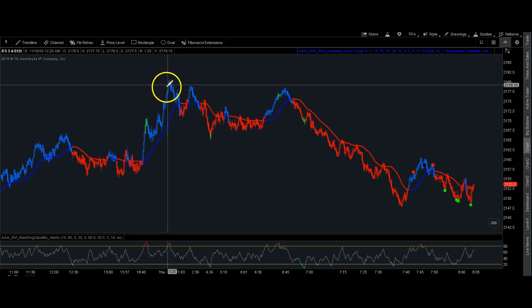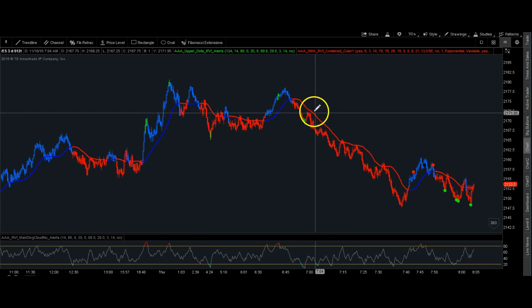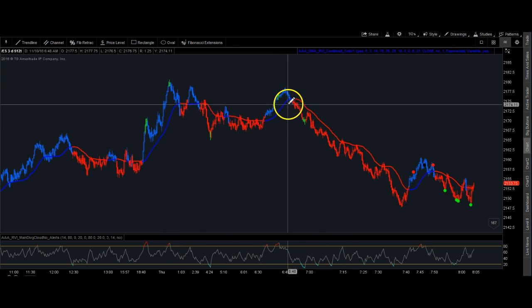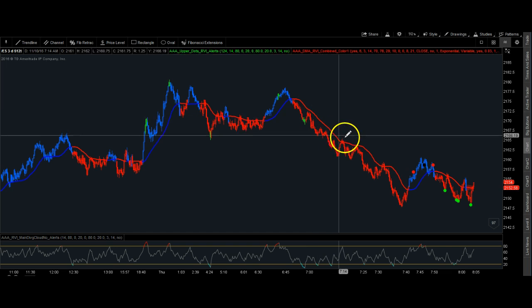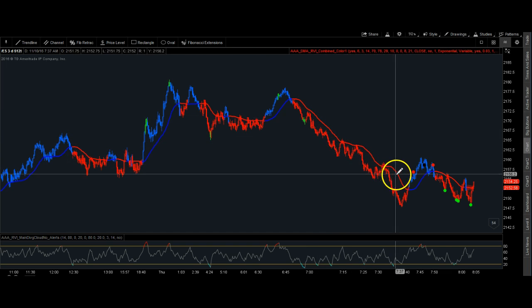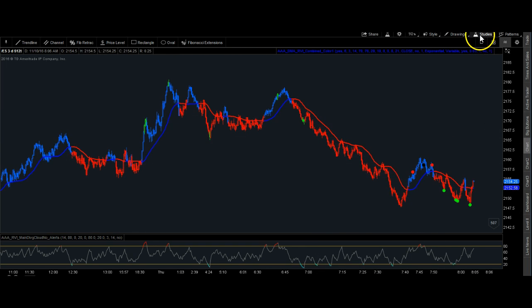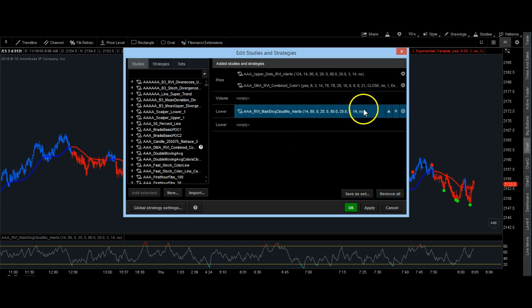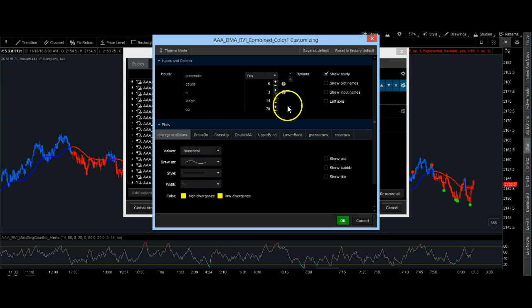Also, the candles are either going to be blue or red. The blue or red is based upon this 8x21 double moving average. The settings that I have for this: MA1 is 8, MA2 is 21.